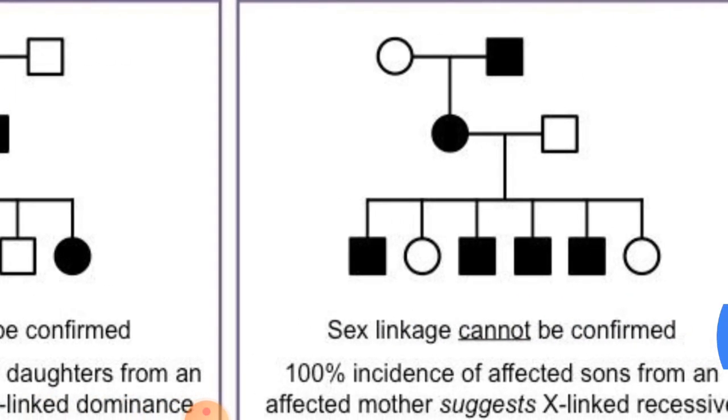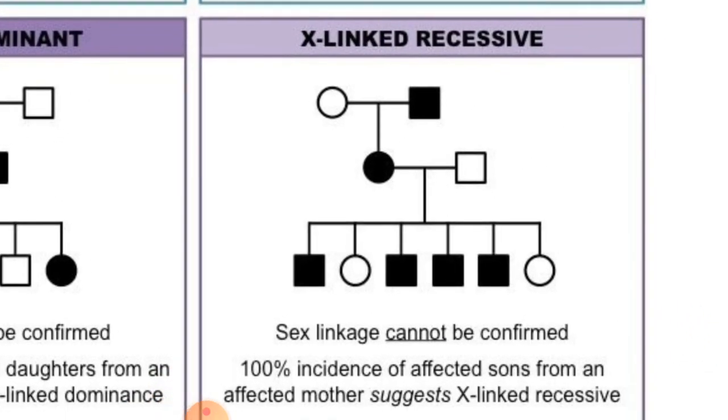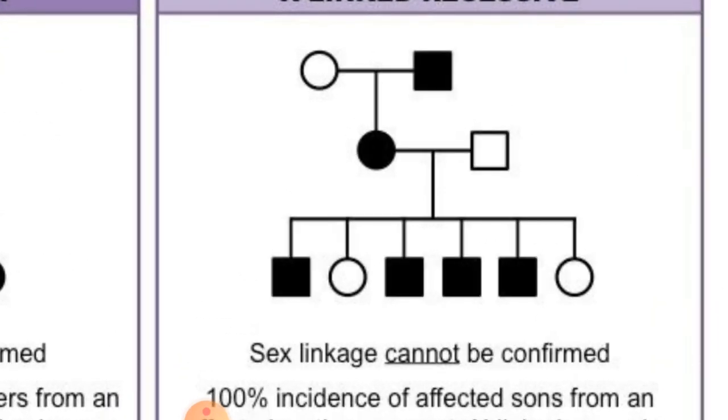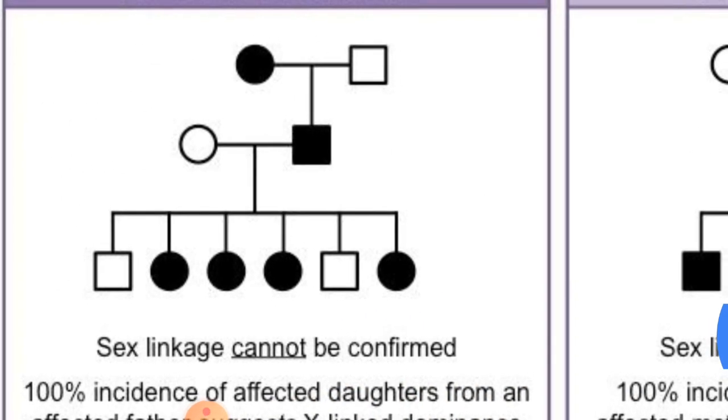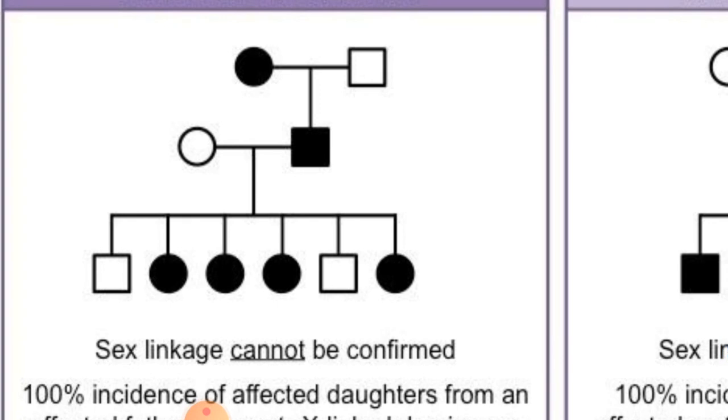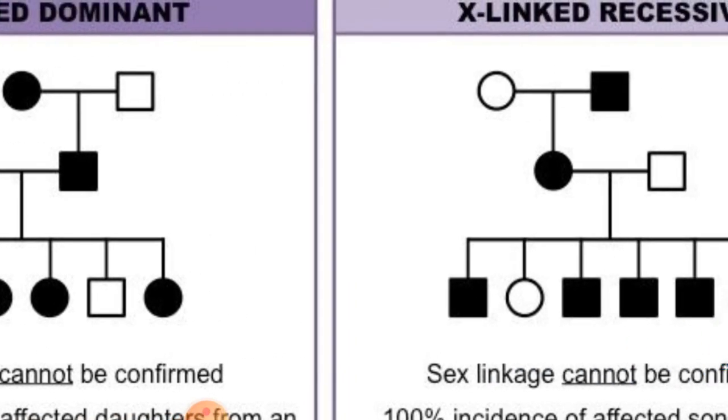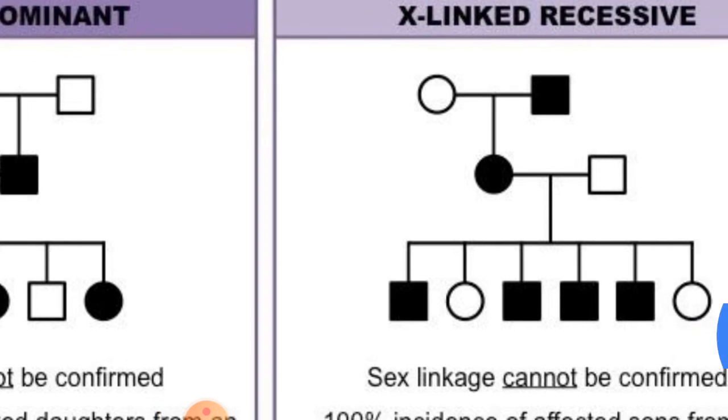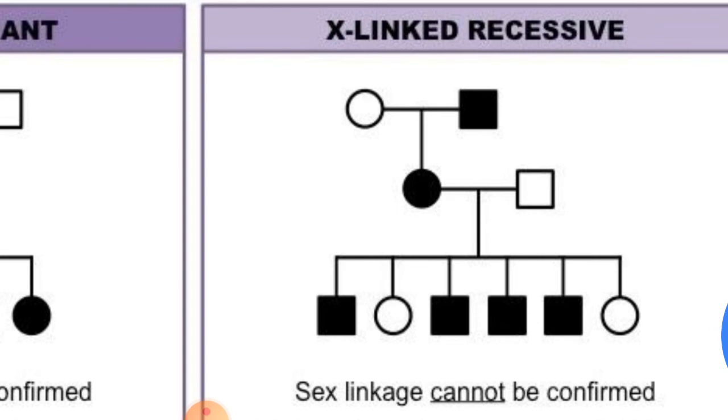And in the X-linked recessive case, you see here, the previous one which we discussed is the dominant trait. It is inherited in single dose. So here you see the mother is unaffected, the father is affected. In this example, they produce an affected daughter, right?